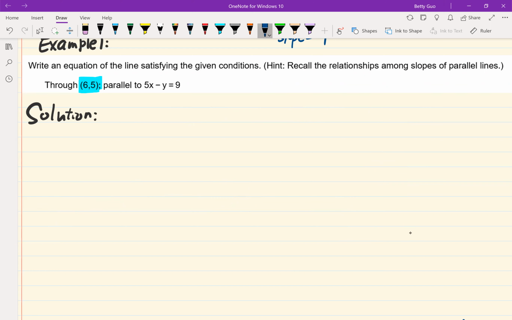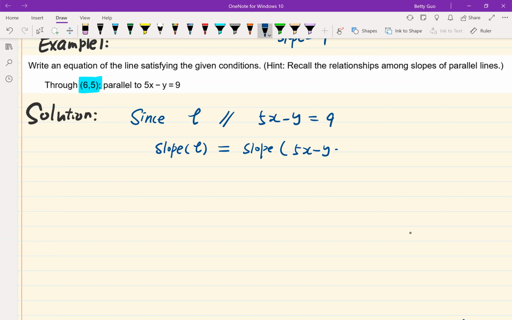Since the line L we are looking for is parallel to 5x minus y equals 9, and since the two straight lines are parallel, the slope of L should be equal to the slope of the given straight line 5x minus y equals 9, right? Yeah, because they are parallel, they have the same slopes.